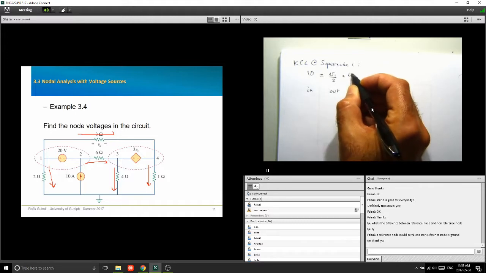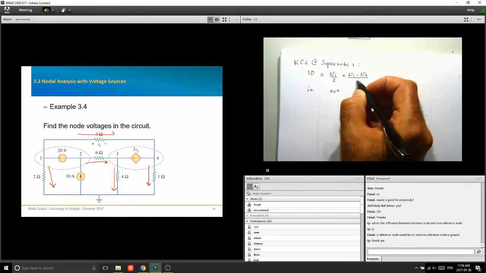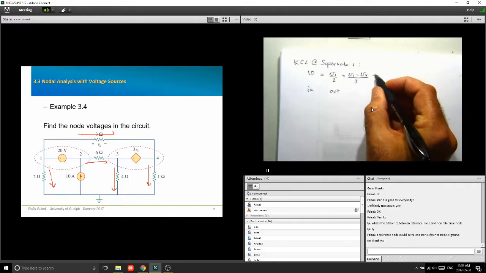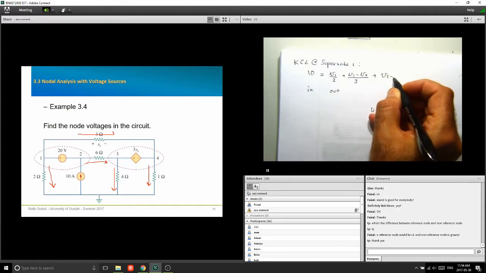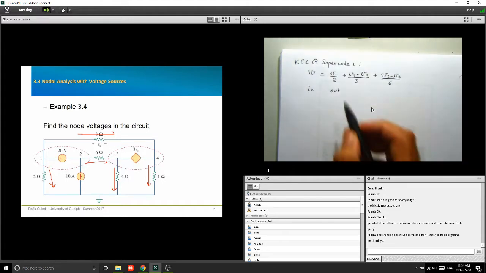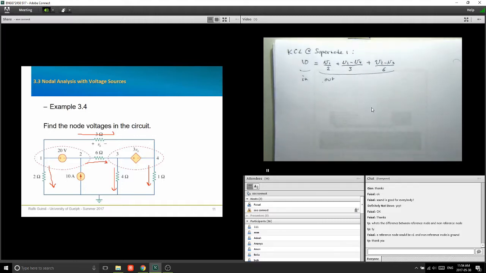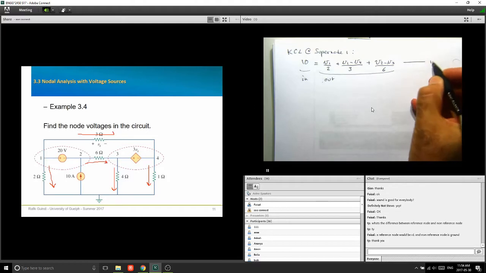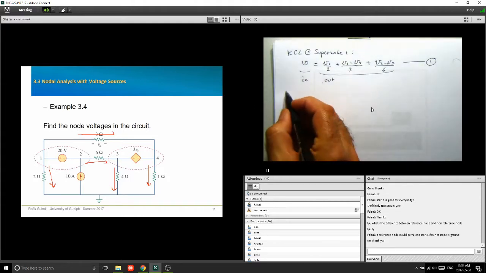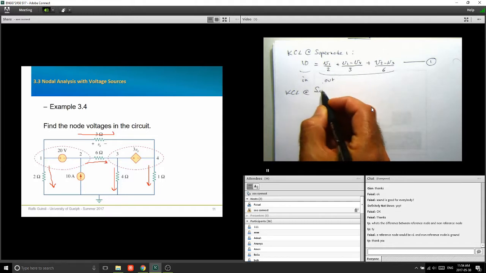That's V1 minus V4 over 3 plus V2 minus V3 over 6. Okay. So I have one current flowing in from the current source. Your 10 amps is flowing in. And you have these 3 currents flowing out. V1 minus 0 over 2, V1 minus V4 over 3, and V2 minus V3 over 6. So this is your first equation. I'm going to write KCL at the second supernode.